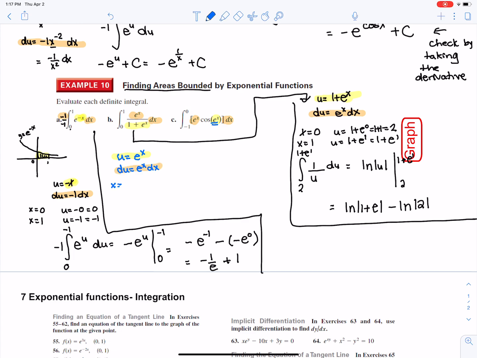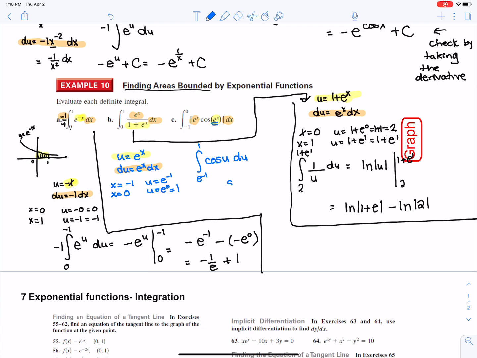If x is equal to minus 1, u is equal to e to the minus 1. If x is equal to 0, u is equal to e to the 0, which is 1. So my integral becomes the integral from e to the minus 1 to 1 of cosine u du. What is the integral of cosine of u?